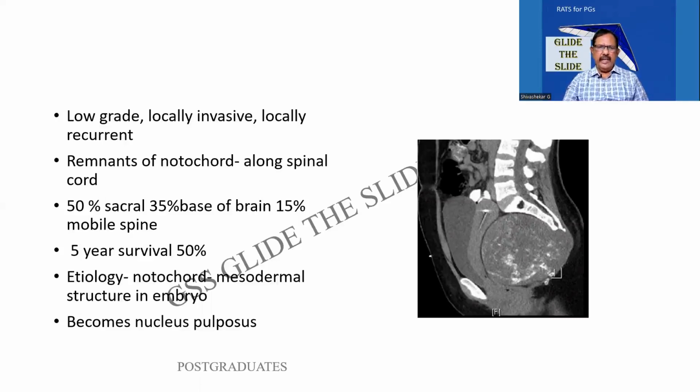The etiology, they say, is the mesodermal structure in the embryo that gives rise to the notochord. Later on, it becomes redundant and forms the nucleus pulposus, which can cause a prolapse of the intervertebral disc.